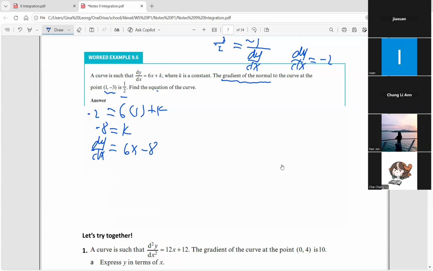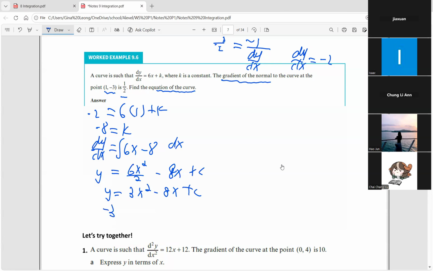Then he asks me to get the equation for the curve, so you integrate it. You will get the integral of 6x dx, so 6x squared over 2 minus 8x plus c. Simplify again. Now I have my 1 and -3, I can just replace inside here.